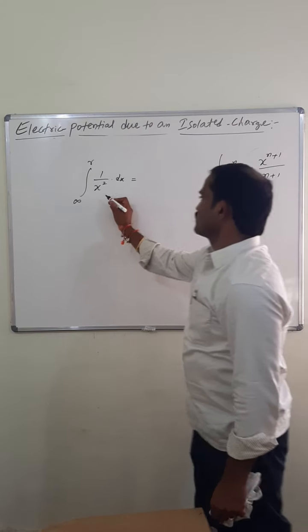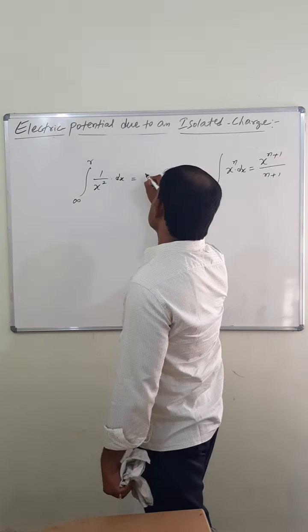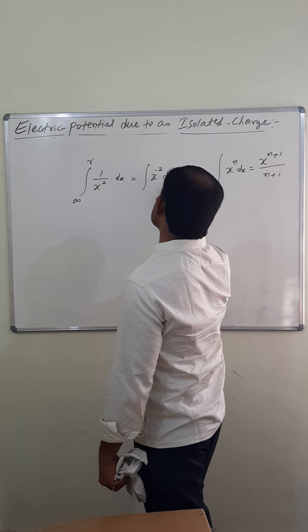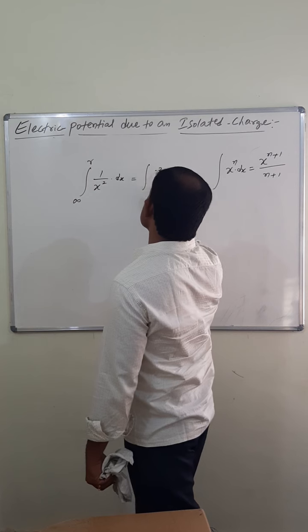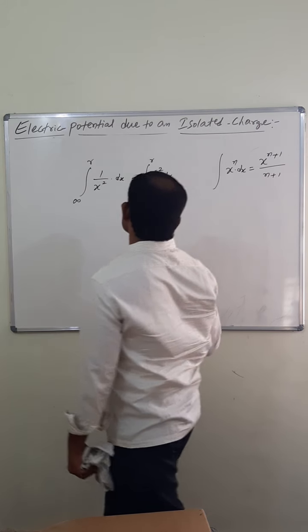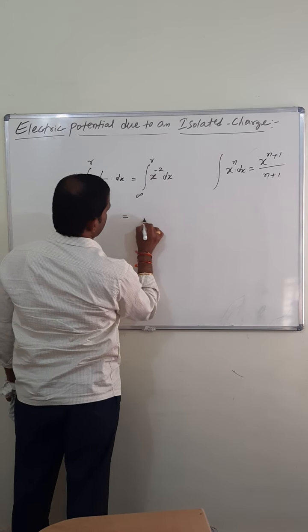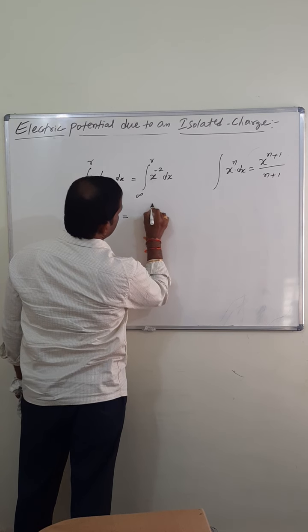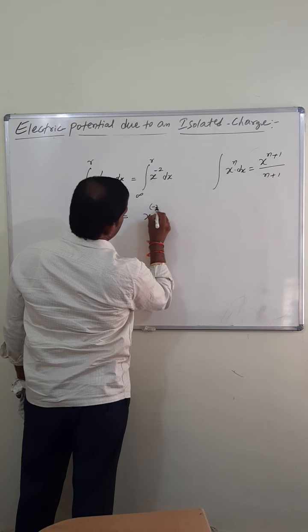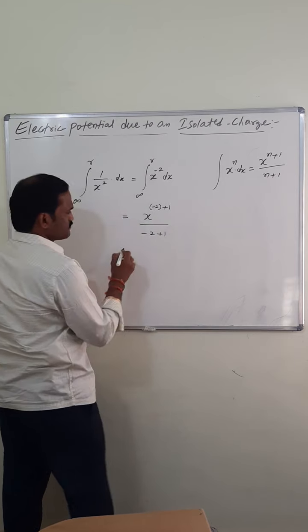Here also it is the same case. Integration of 1 by x square, we don't have a formula for it. This can also be written as x to the power of minus 2 into dx, limits ranging from infinity to r. So now in place of n, minus 2 is there, therefore I can integrate x to the power of minus 2 plus 1 divided by minus 2 plus 1.